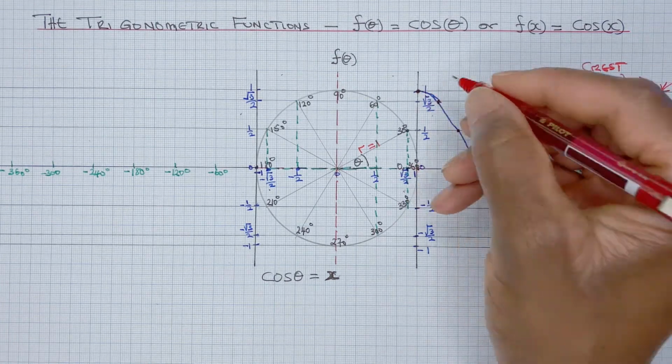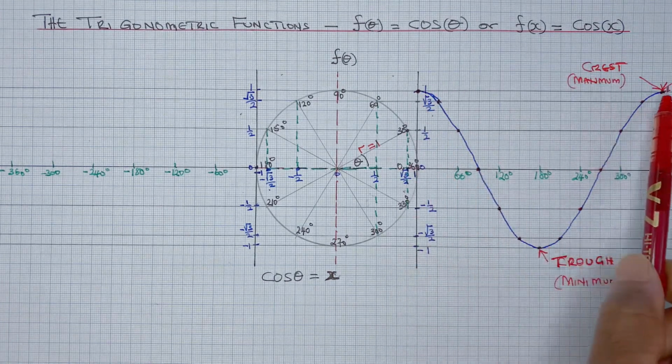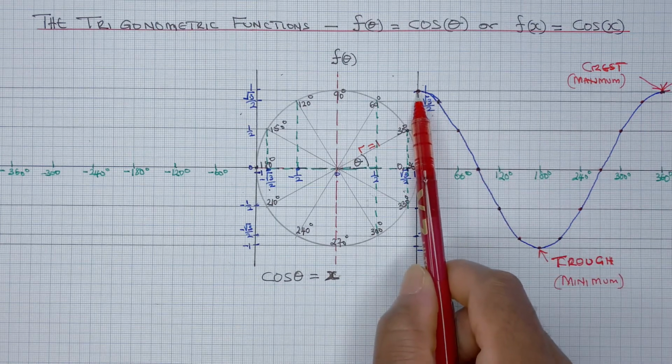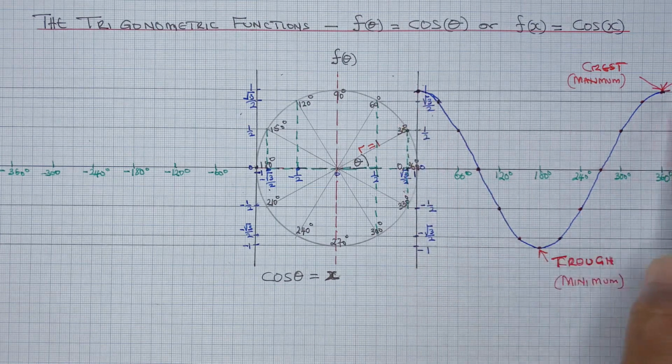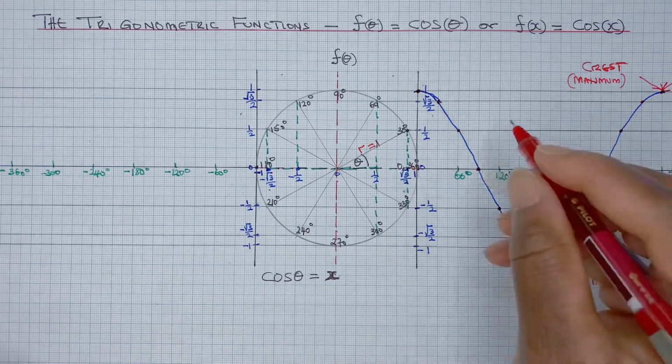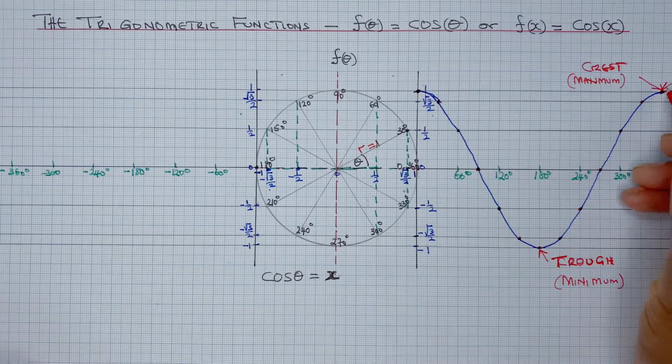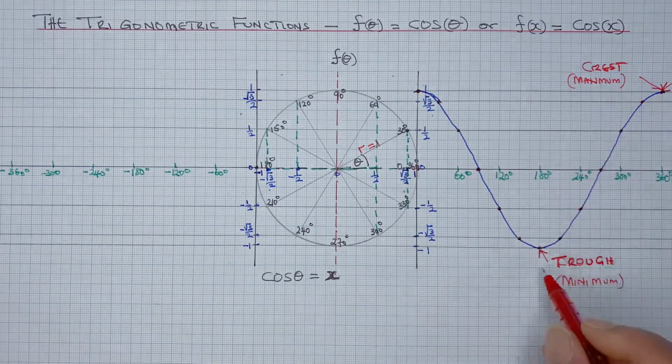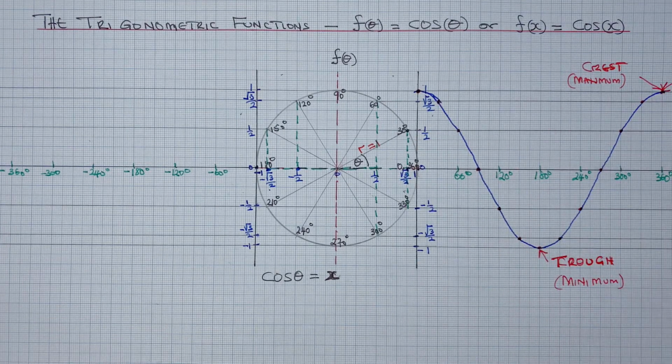That's another crest there. The distance between the two crests is called one wavelength, or the distance between two troughs is one wavelength.